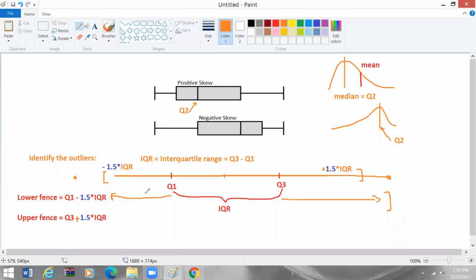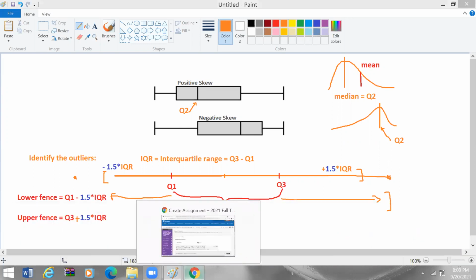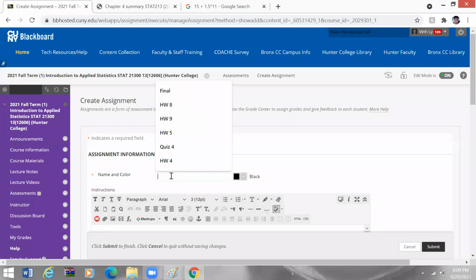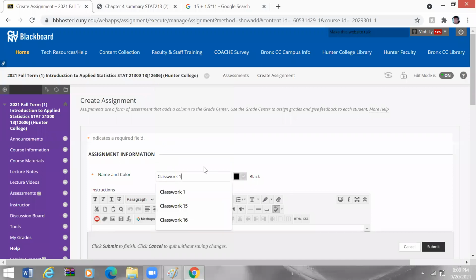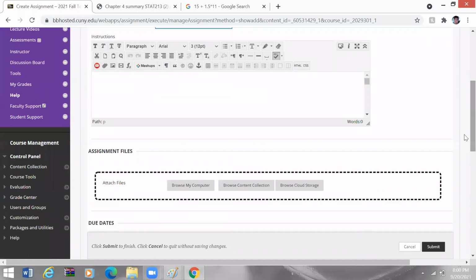I apologize for that. So that should be adding 1.5 times IQR to make the length longer to set up the boundary for the fence. Any concern, any questions?